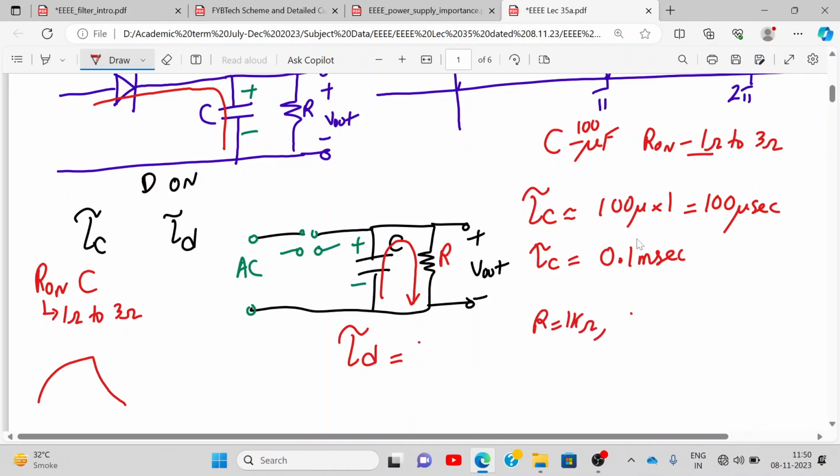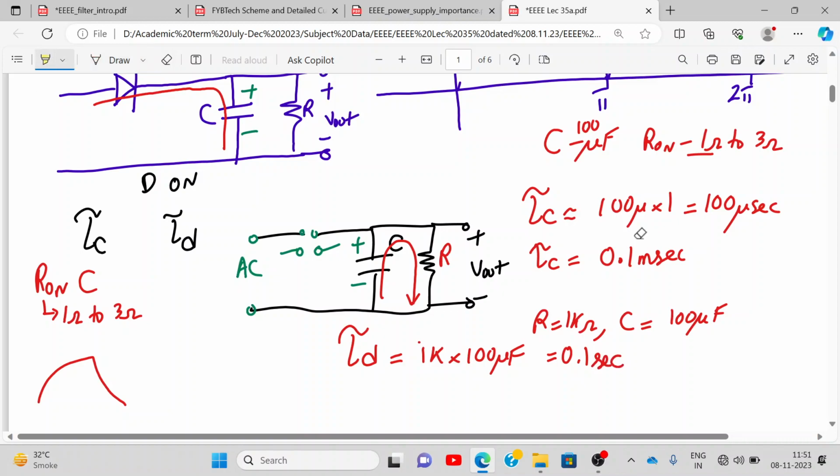And what is the C value? 100 microfarad. So multiply this 1K into 100 micro. Please do this and tell me how much it is in time. 0.1 second. Correct? 0.1 second.